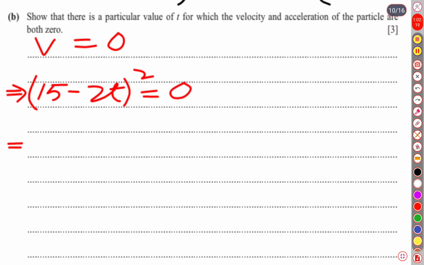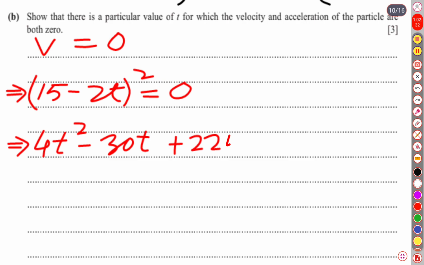Or, if we expand this, it is going to be 4t squared minus 30t plus 225 is equal to 0. So finally we will find that 15 minus 2t is equal to 0. So without expansion also we can write this.